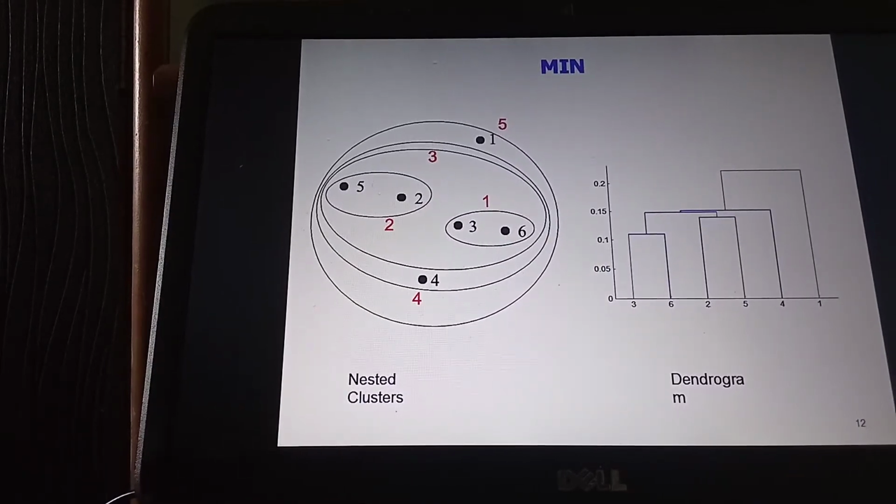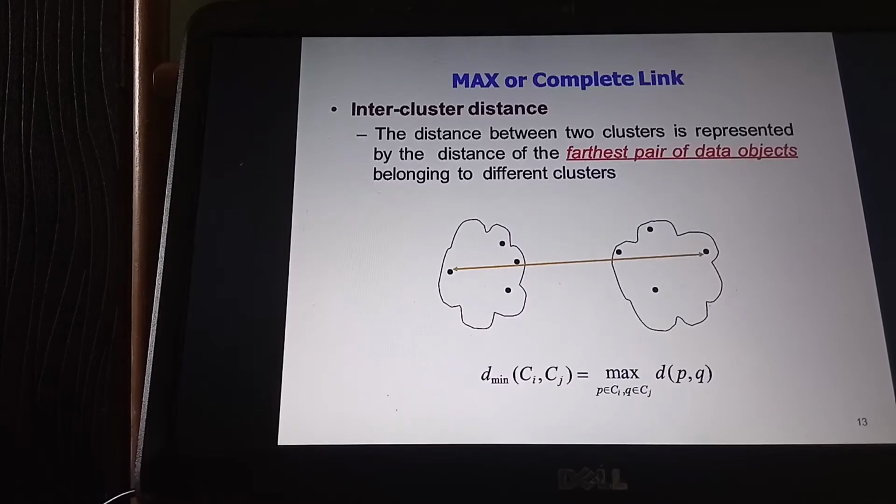That will be shown in the figure. Okay, 3 and 6 are in one cluster, 2 and 5 in another cluster, the third cluster includes 4 points, and the fifth cluster again includes 1 point.